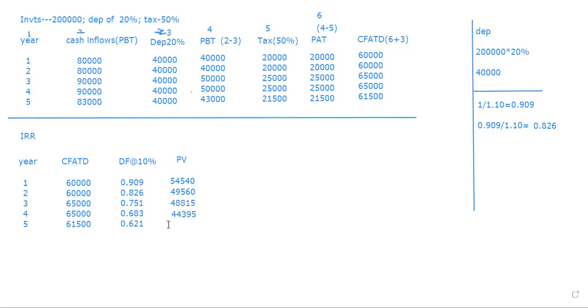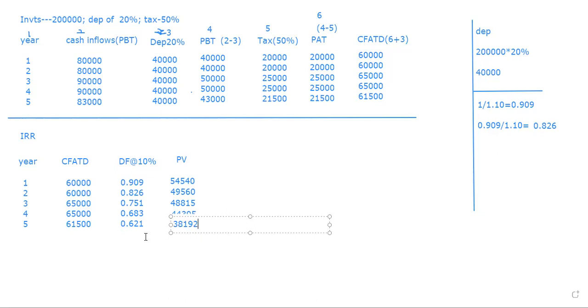And the last one, we'll find it out by multiplying 61,500 into 0.621. Again, I'll use my calculator. So my answer is equal to 38,192. After the point I got a 5, so I'm rounding it up. 38,192.